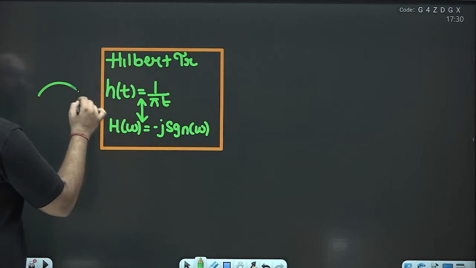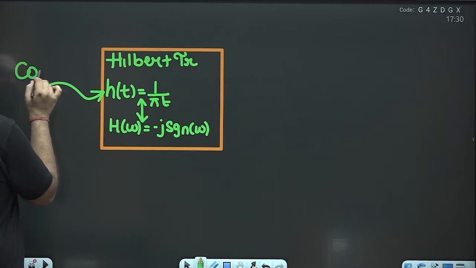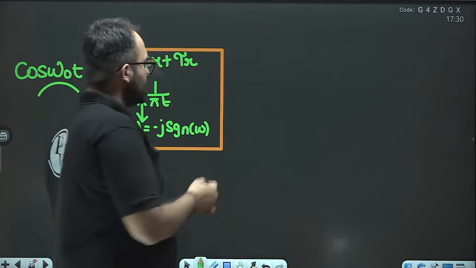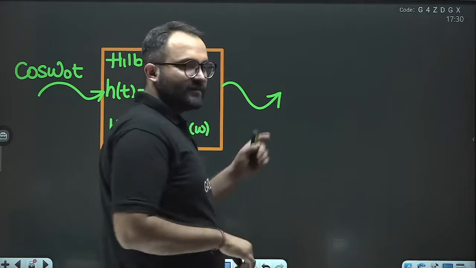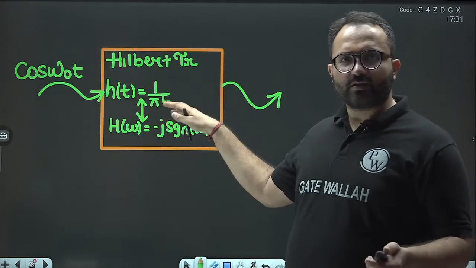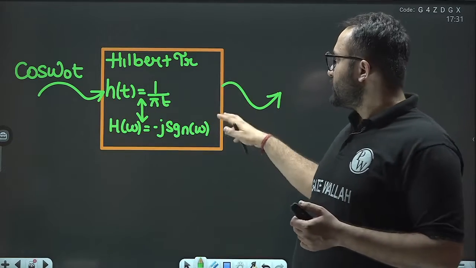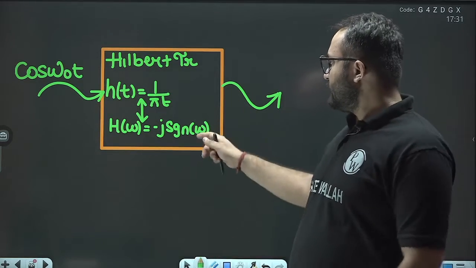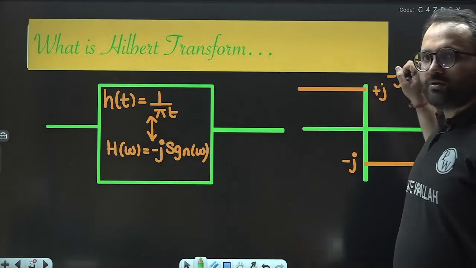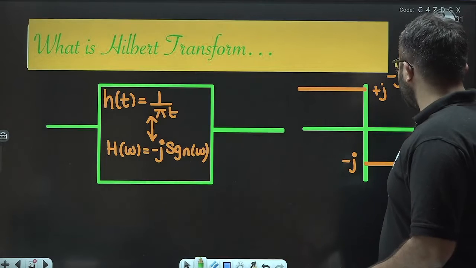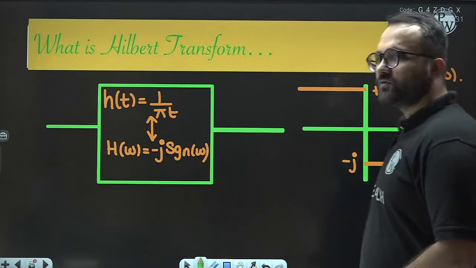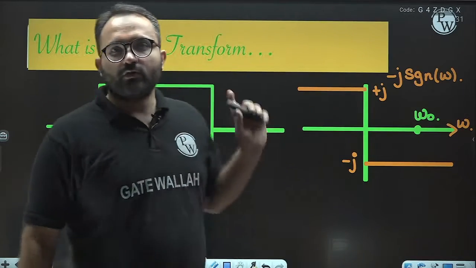Now, if the input is, let us say, cos omega naught t, then we know that since h(t) is real, the impulse response is never complex or imaginary. So the Fourier transform H(omega) will be like this. Now, what will be the magnitude or value of H(omega) at any frequency omega naught?